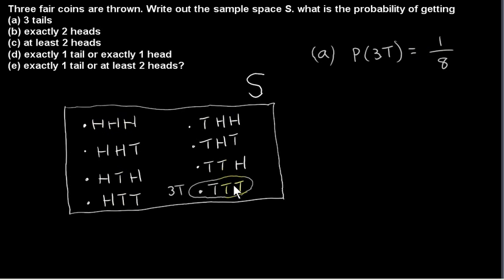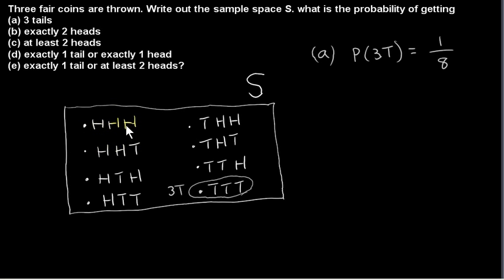All these outcomes are equally likely. We have no reason to believe that any particular outcome is more or less likely than the other outcomes. We're dealing with 3 fair coins, and the throws are independent of each other. So if we throw heads in the first throw, it's not going to affect the probability of throwing heads or tails on the second throw.